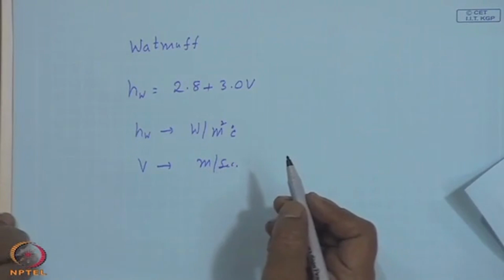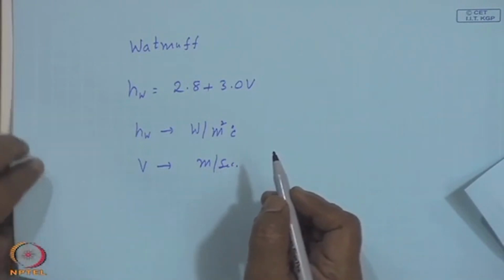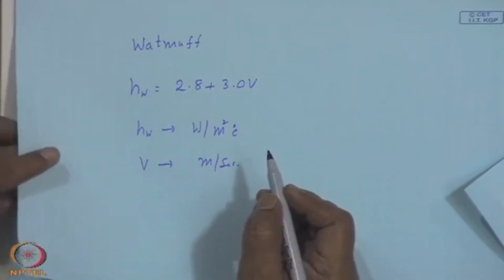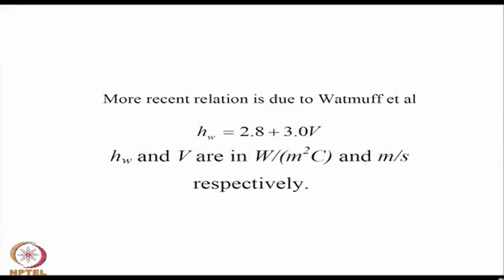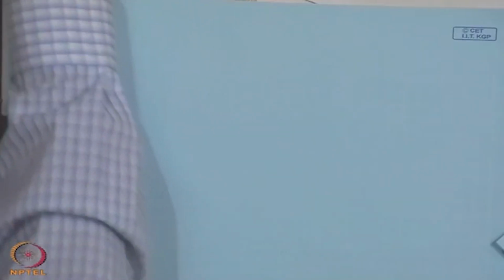So, you can see that the Wortmann's relation gives a lower value for H w compared to the value one would obtain by McAdams relation for a given wind velocity. It is suggested that apparently perhaps the radiative loss also has been included in the McAdams relation.